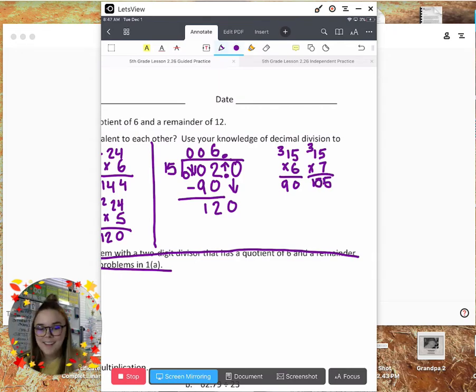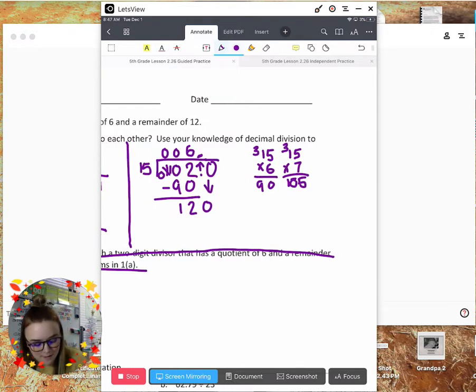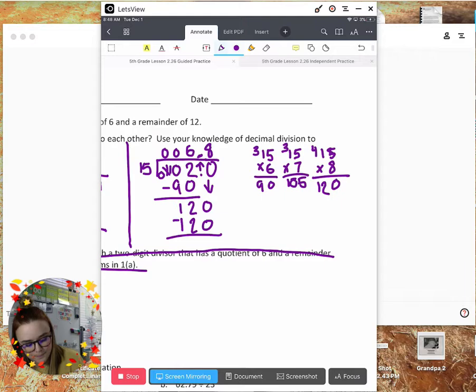Sorry about that. That's still not quite close enough. So let's try 15 times 8. So 8 times 5 gives me 40. 8 times 1 gives me 8, plus 4 gives me 12. Perfect. So our 8 comes to the top, and we subtract 120 and get 0.